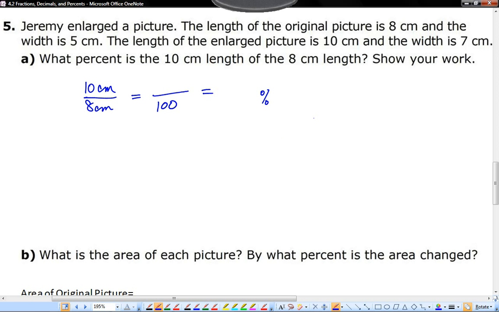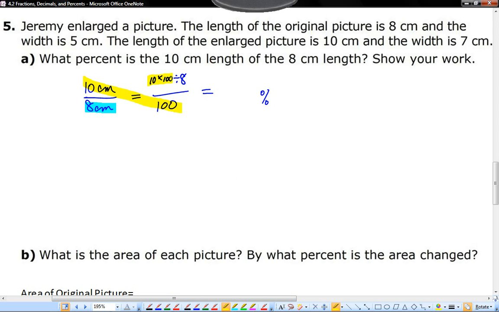So a little bit tricky here because 8 doesn't go into 100 very easily, and so we probably want to use this method of cross-multiplying and dividing by the third number in the proportion like we did in previous chapters. So I'm going to do that. I'm going to do 10 times 100 and I'm going to divide by 8 in order to get my percent.